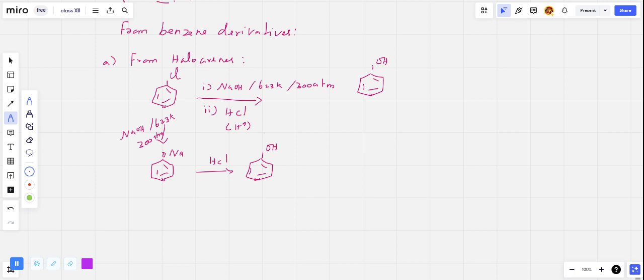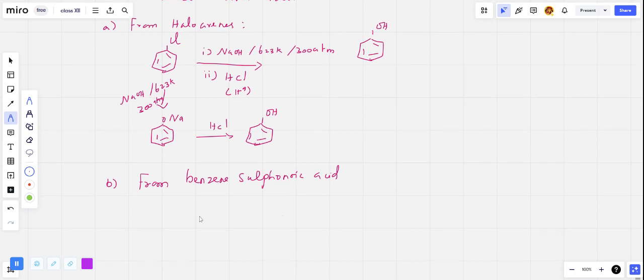The second method is from benzene sulfonic acid. Benzene sulfonic acid is fused with NaOH, the first step, and then the second step is acid hydrolysis.